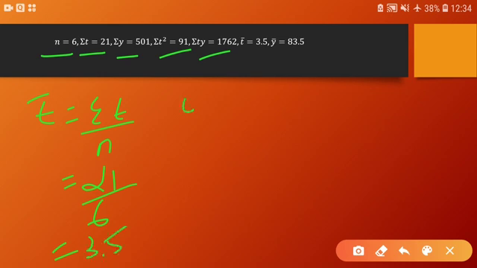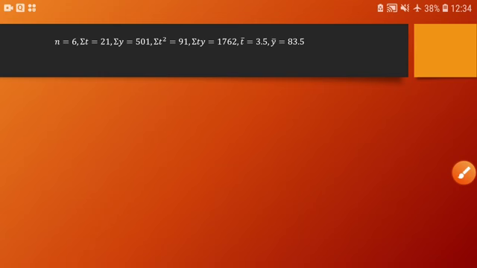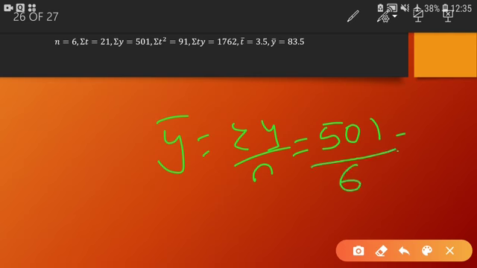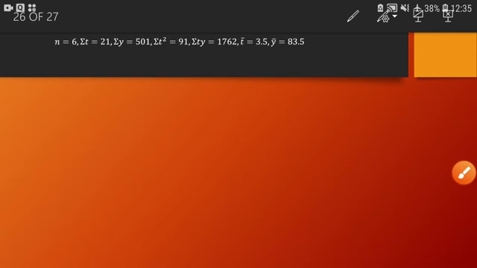Then you need to find y bar. y bar is equal to sigma y upon n, it is 501 upon 6, it is 83.5.